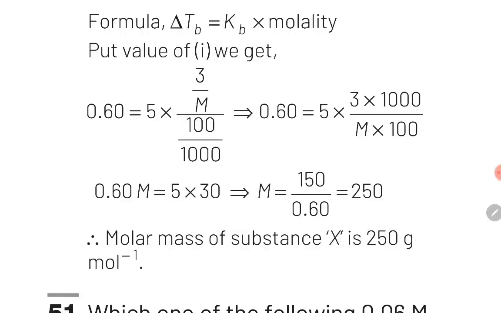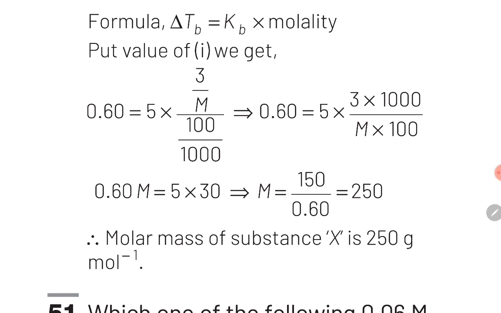Yes students, आप यहाँ observe कर सकते हो that the equation for elevation in boiling point is given by delta Tb is equal to Kb into molality. Guys, in this question the value of delta Tb has been given as 0.6 Kelvin and the value of Kb is 5.